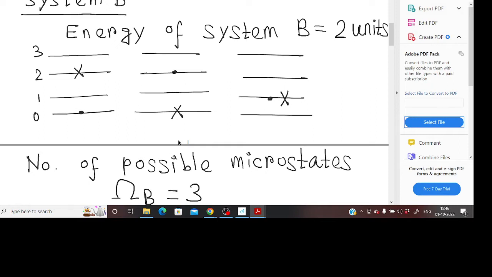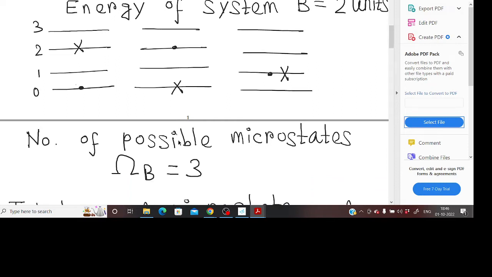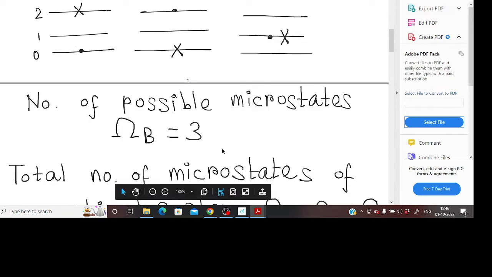Also, you can place the first particle with energy 2 units and the second with energy 0 units. But there is another possibility: you can place both particles with energy 1 unit. So there are 3 possible microstates in which the energy of system B is 2 units. So omega B is 3.